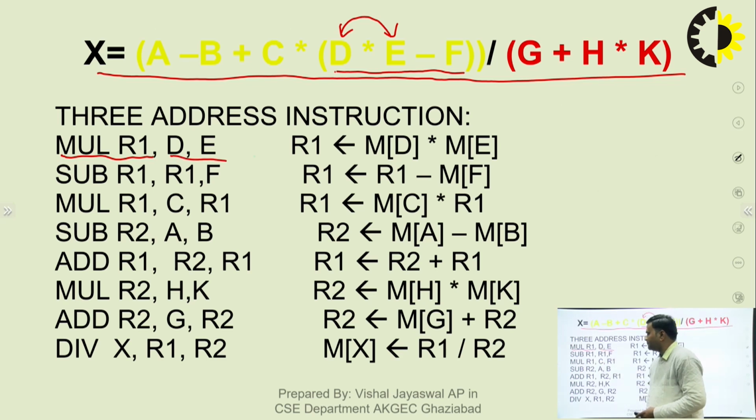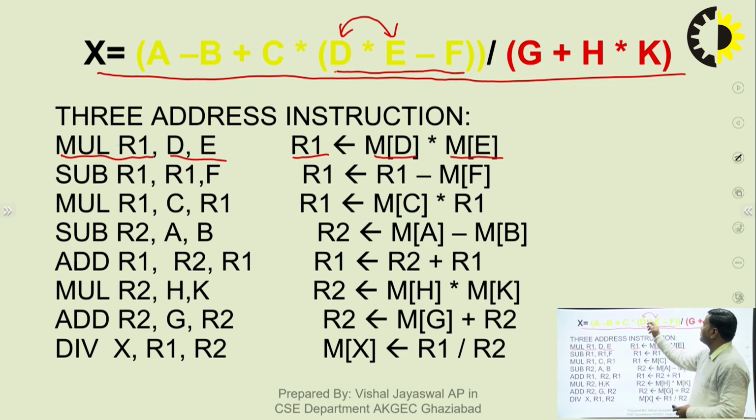The explanation of this instruction is M of D multiplied by M of E, and the result goes in the R1 register.